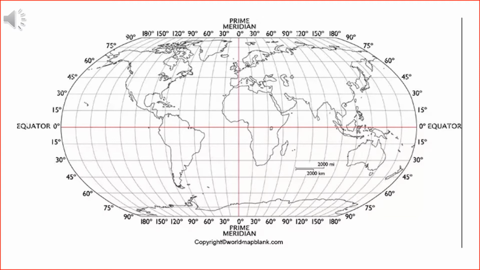On the north side, that is 15 degree north, 30 degree north, like that. And the south side, that is equator, 15 degree south, 30 degree south, likewise up to 90 degree. So these degrees end at 90 degree at North Pole and South Pole. So on the whole it totals 180 degree.